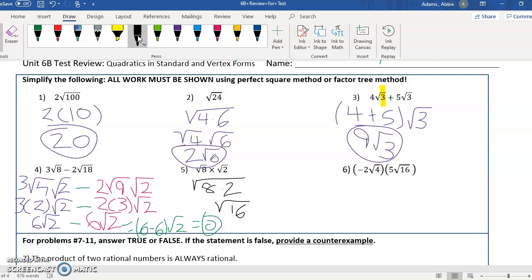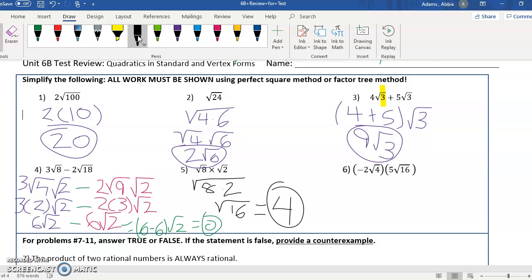16 is a perfect square. The square root of 16, well, I know 4 times 4 is 16. So therefore, the square root of 8 times the square root of 2 is going to simplify to 4 as your final answer there. Now let's look at number 6. So for number 6, we're going to multiply the outside terms and then multiply the inside terms.